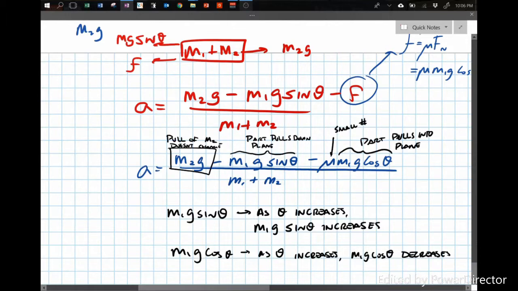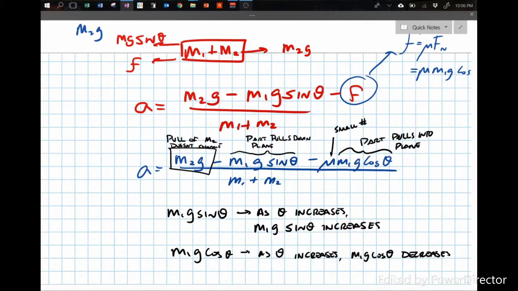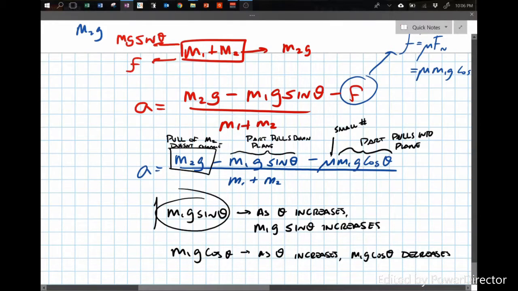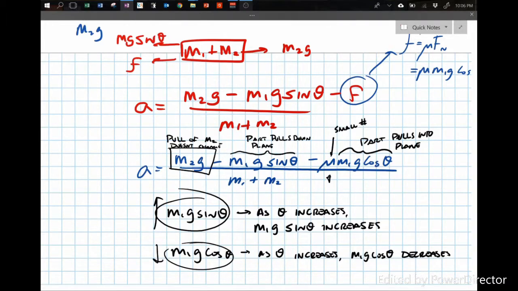But it's multiplied by a small number. So if I increase the angle, m1g sine theta goes up, m1g cosine theta goes down. But again, because we're multiplying by that smaller number, the bigger m1g sine theta gets, the more it pulls against m2g.